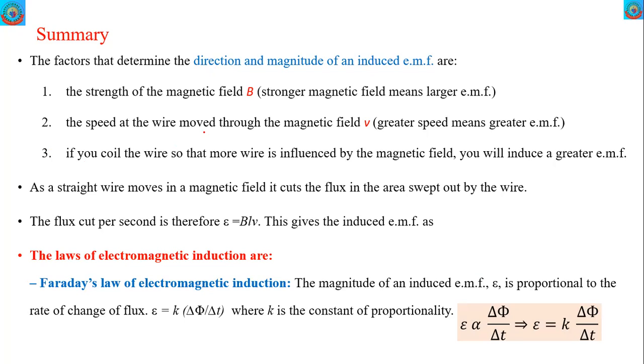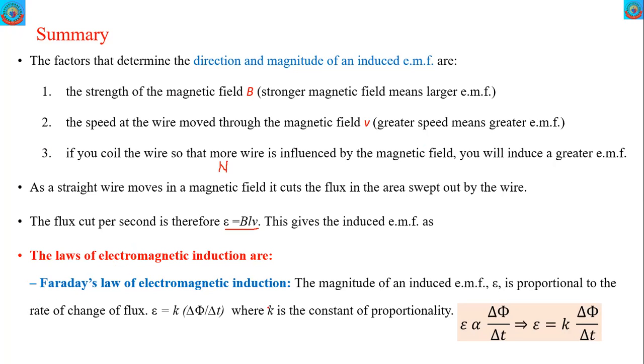Another is coiling the wire so that more wire is influenced by the magnetic field, so the number of coils N. So nBV is the flux cut per second. The flux cut per second is given by BLV. This is called motional induced electromotive force.